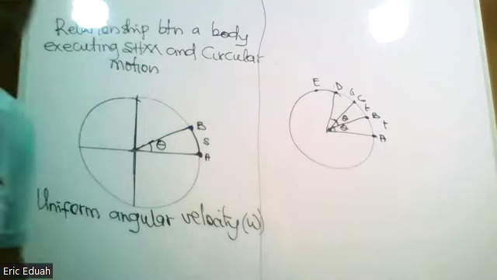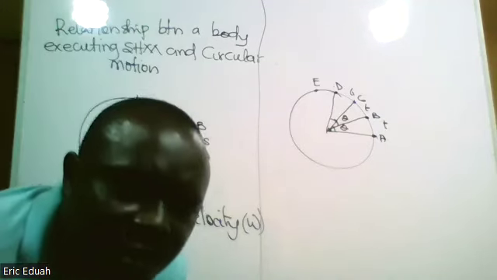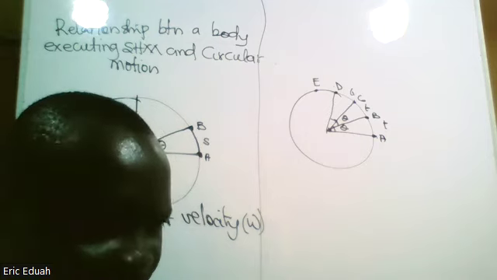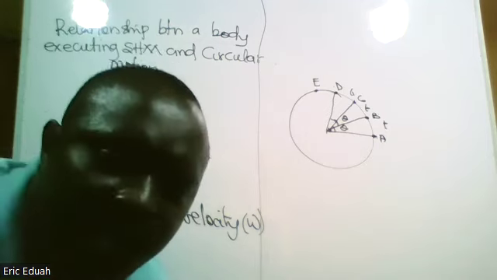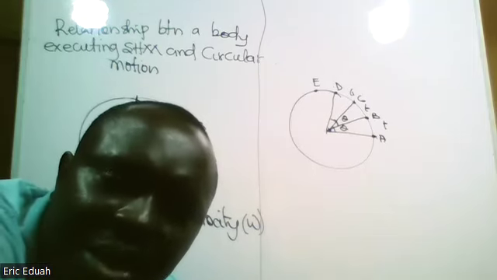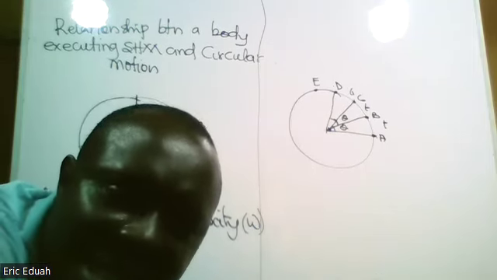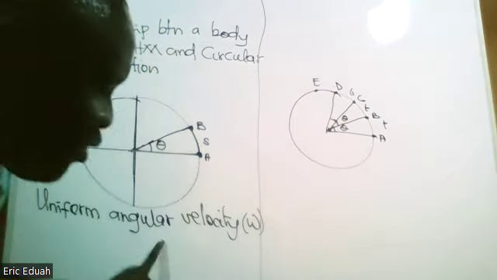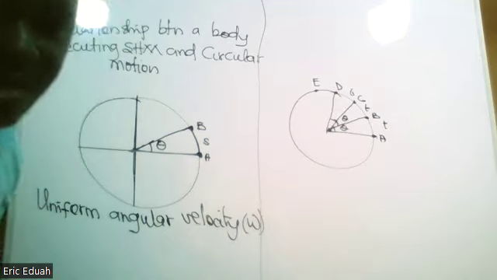When a body is in circular motion and it describes the same angle at the center within equal time intervals, then it means that such a motion is uniform angular velocity motion.